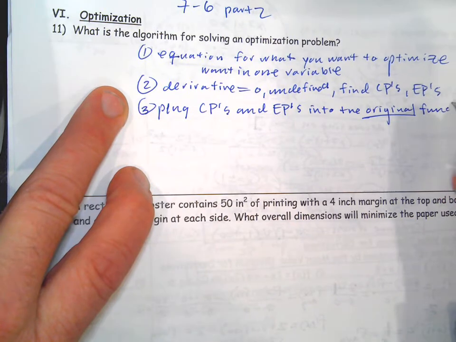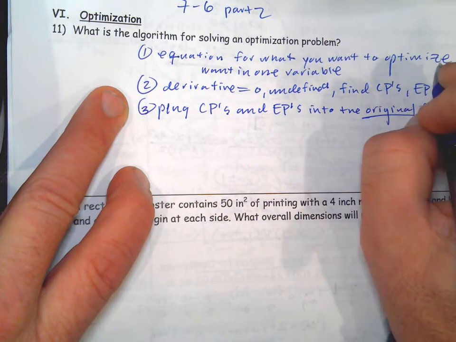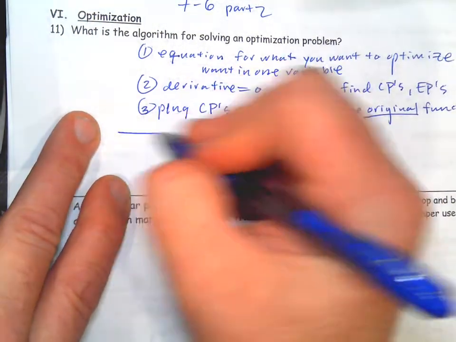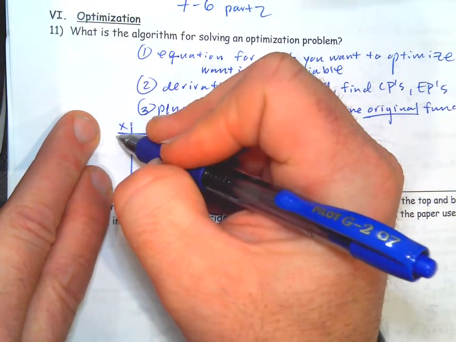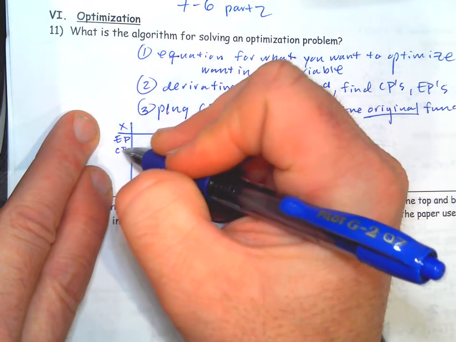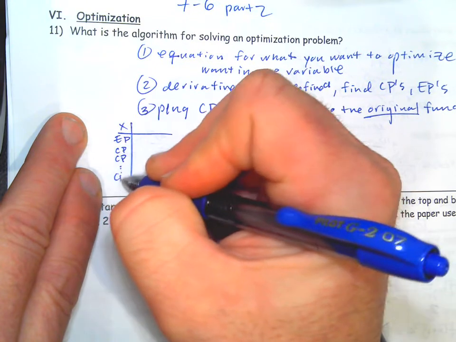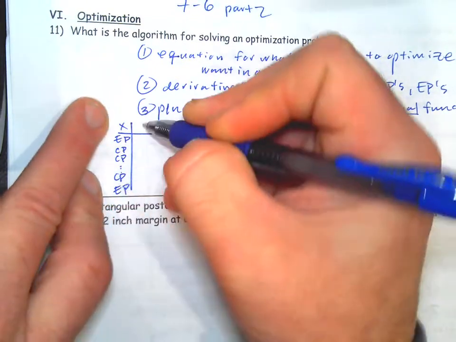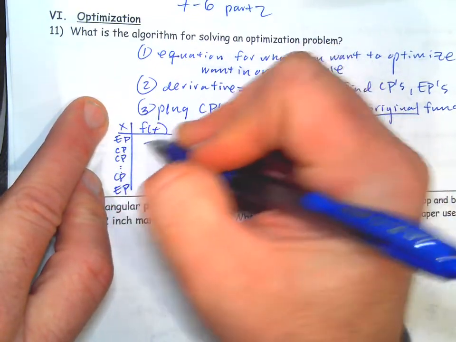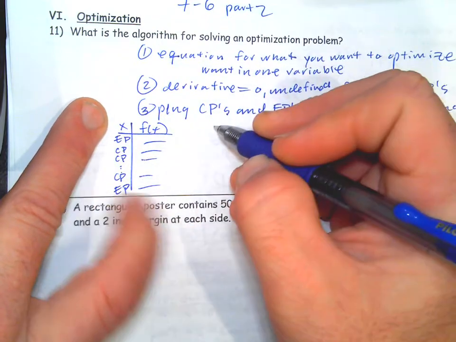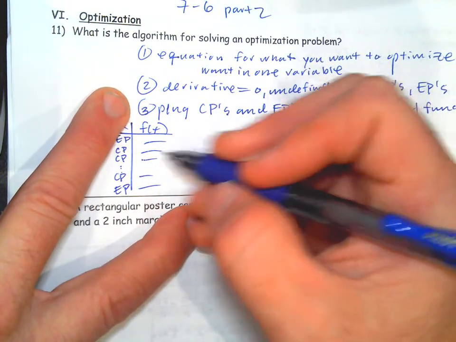Right, original function. You got your endpoints and your critical points, and you plug them into the original function, you get values, right? And then you find the max, min.